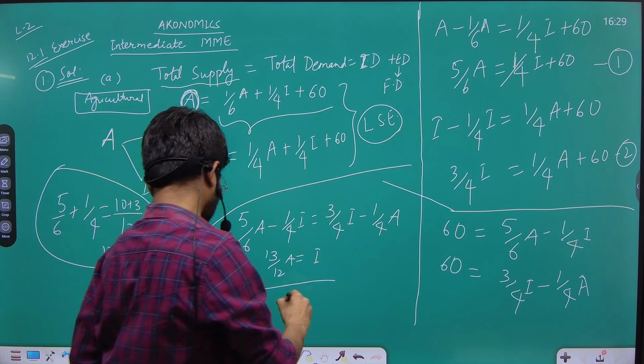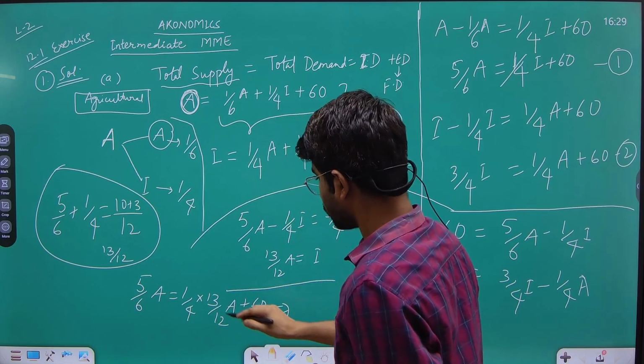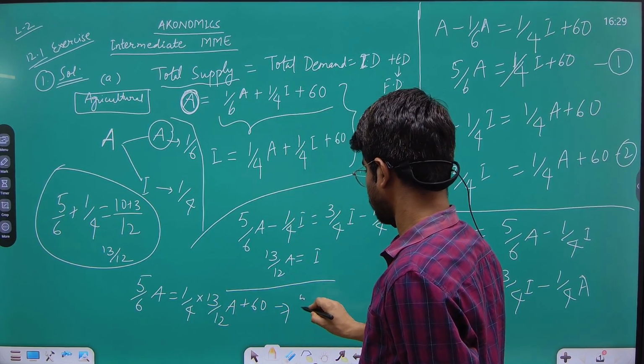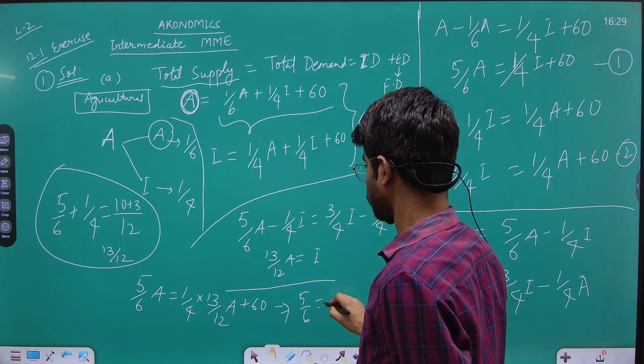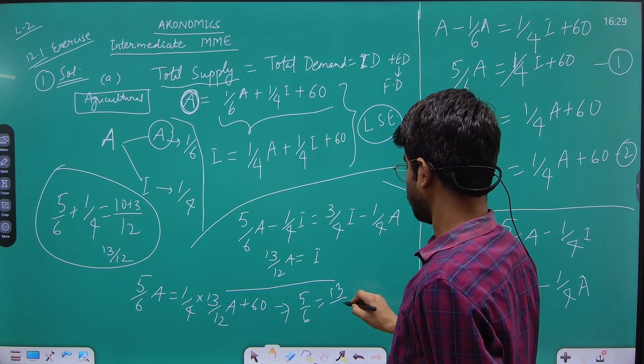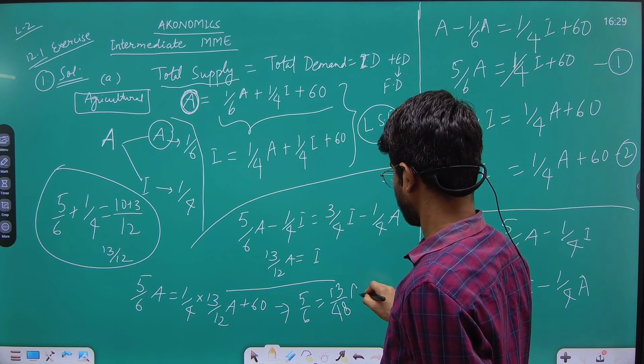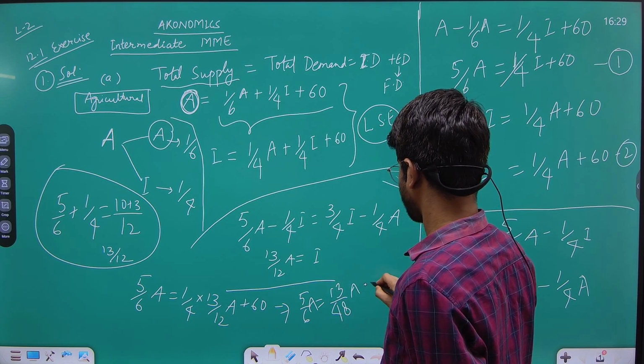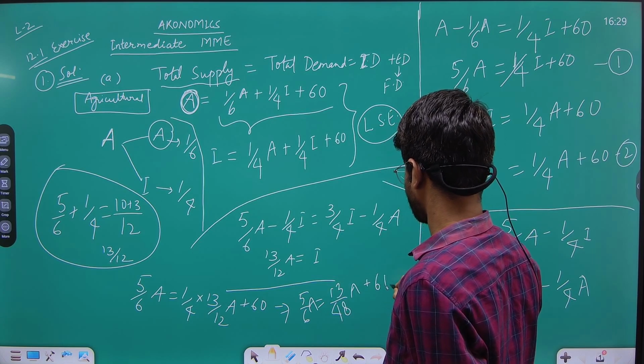So this gives 5 by 6 equal to how much? It would be 13 by 48 A, here also A, plus 60.